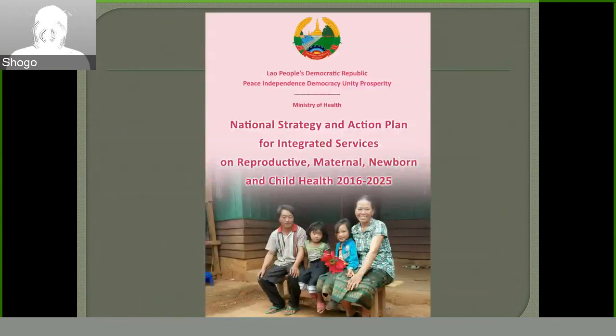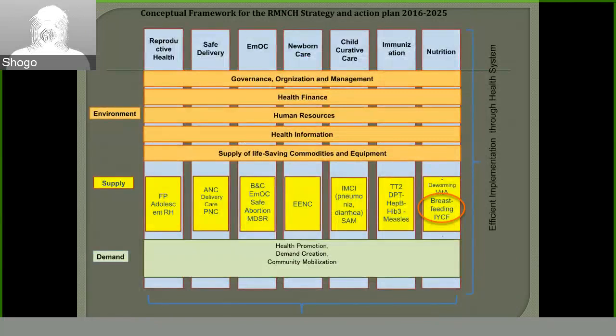So to tackle these issues, the government has developed this national strategy and action plan for integrated services on RMNCH 2016, for 10 years. It was launched last year, and it's an action plan for 10 years. In this strategy, I copied and pasted one page on the conceptual framework. If you see the vertical bars, there are 7 bars: reproductive health, safe delivery, emergency obstetric care, newborn care, child care, immunization, and nutrition.